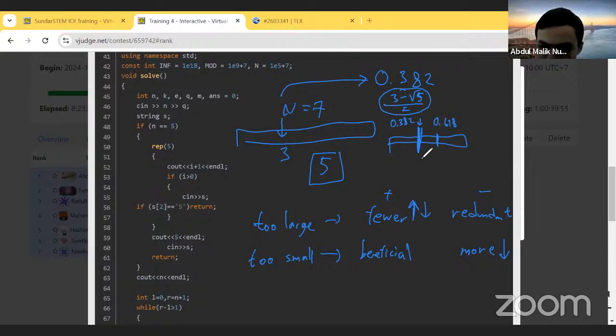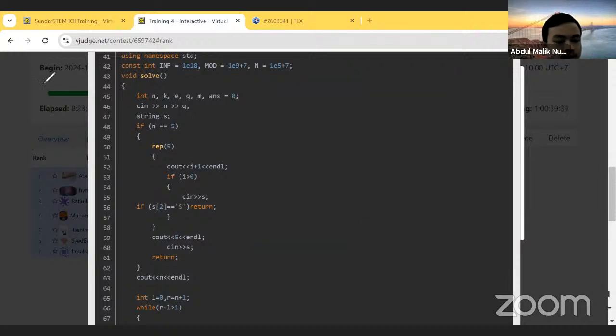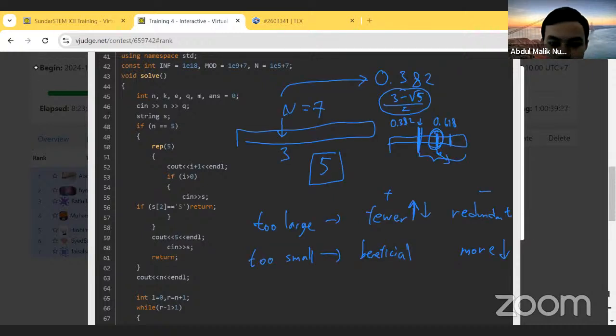But if it is too small, then our query here is not redundant, so we can just continue to ask another query while waiting for the response of this query. Okay. Did you understand?